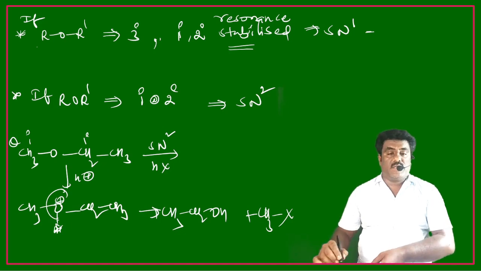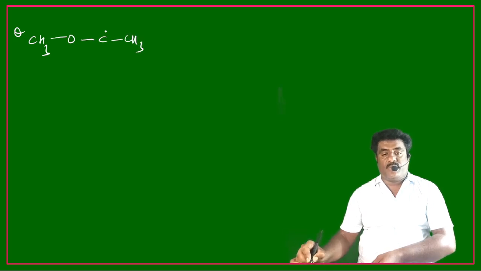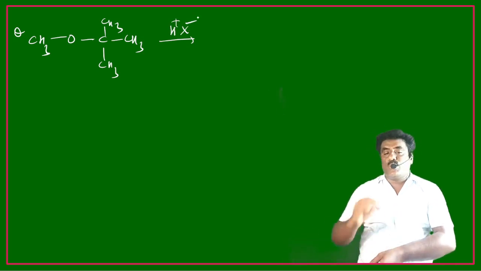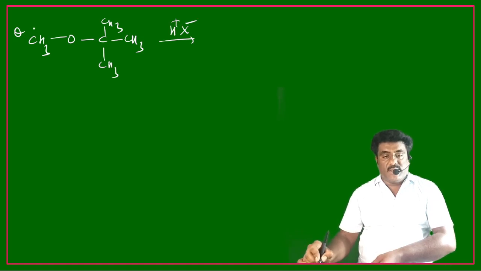Have a look at the next example. CH3O-C(CH3)3 in the presence of HX, H plus X minus. What is the product? What type of carbon is it?